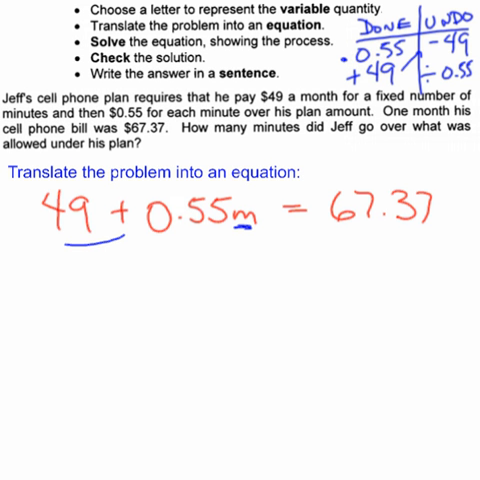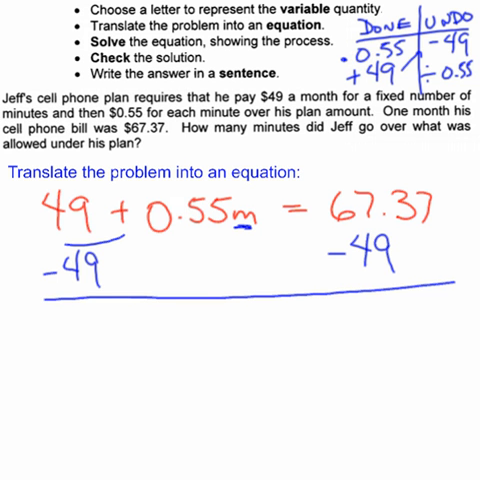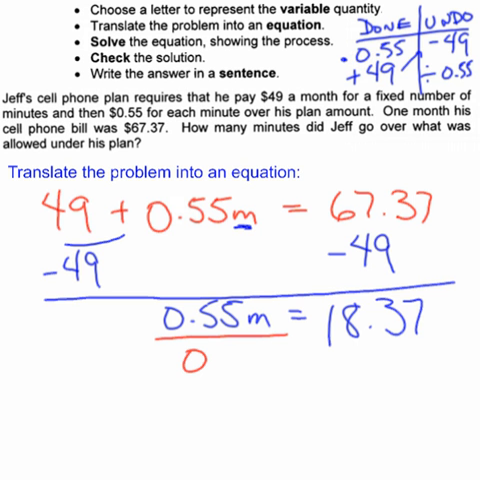So my directions here are telling me now to subtract 49 from both sides. So I get 0.55 M equals 18.37. Now my directions tell me to divide both sides by 0.55.